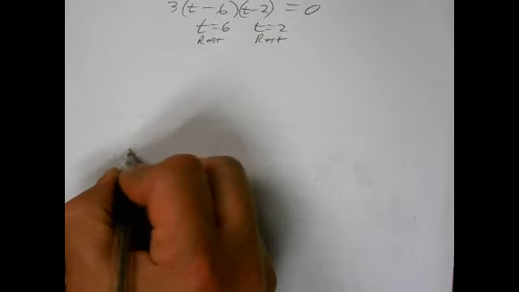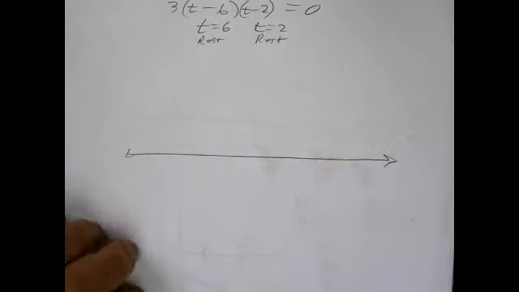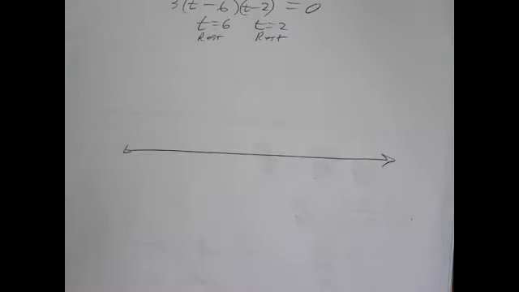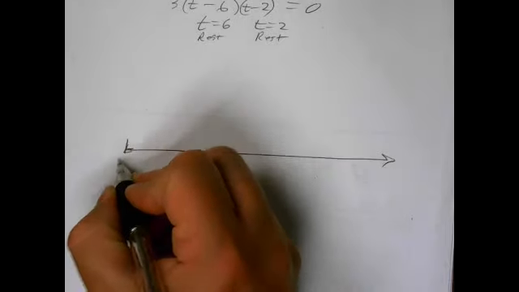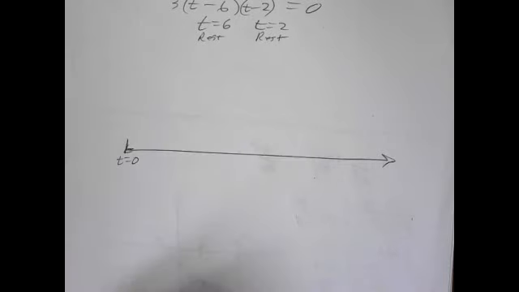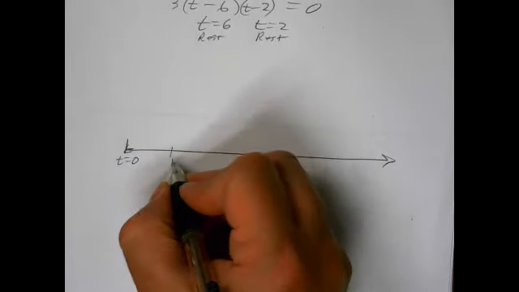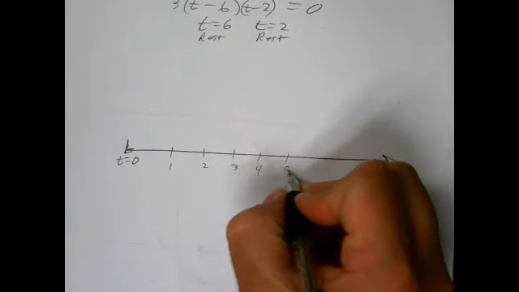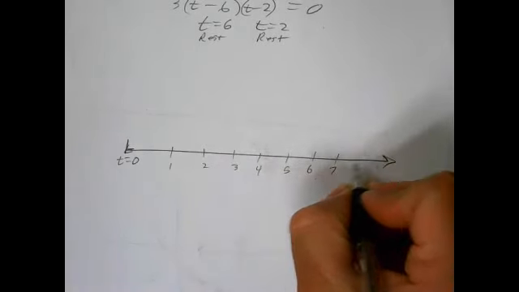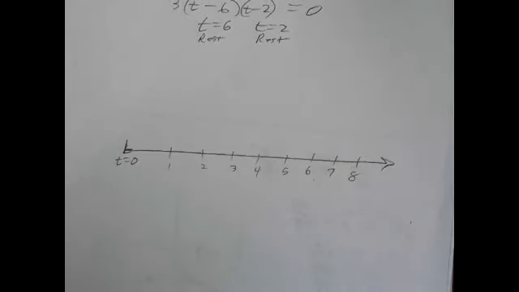So what might be helpful is to start getting a basic sketch of this particle. All right, we'll say down here is time 0. And here's time 1, 2, 3, 4, 5, 6, 7, 8, and I hope that's enough. I hope I don't run short.